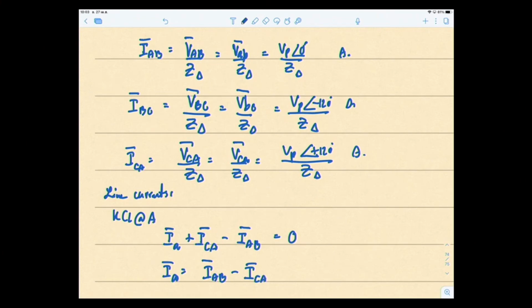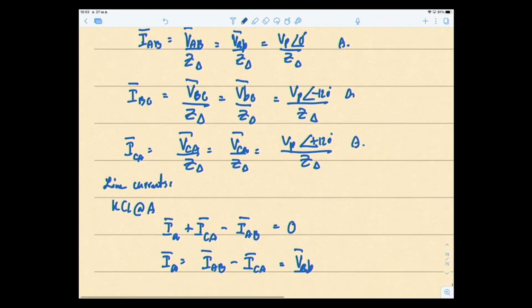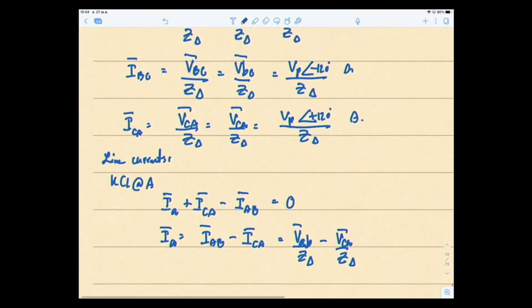So IAB is the phase voltage over Z delta minus ICA, which would be VCA over Z delta, and you get the answer for the line current IA. Same thing.